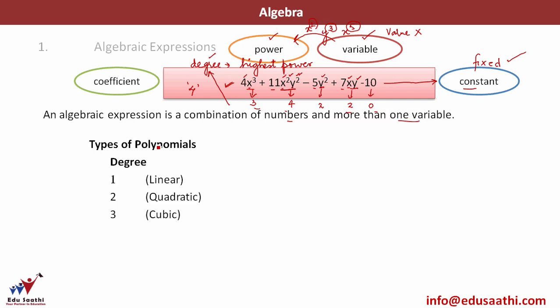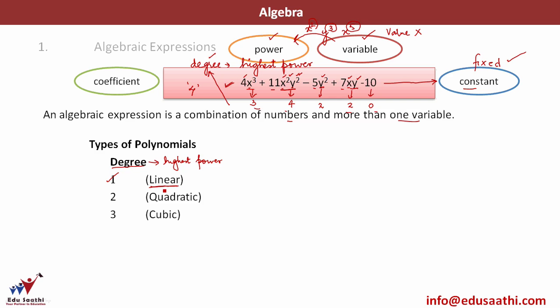So, polynomials can be classified on the basis of degree. Degree I've just discussed. Degree is the highest power of any algebraic expression. If the degree is 1, it will be a linear equation or a linear polynomial.